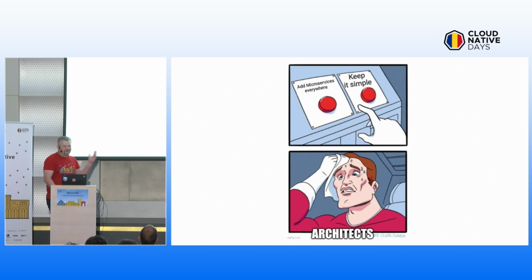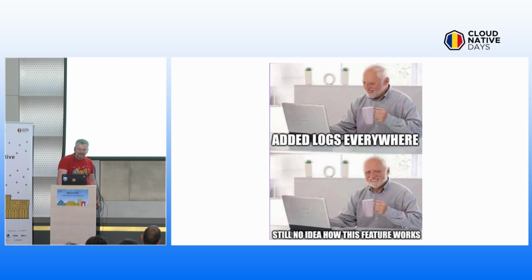I'm also an architect who prefers keeping it simple, but we are in a market when architects prefer adding microservices everywhere and generate a lot of logs per each microservice in order to be able to debug their microservices.